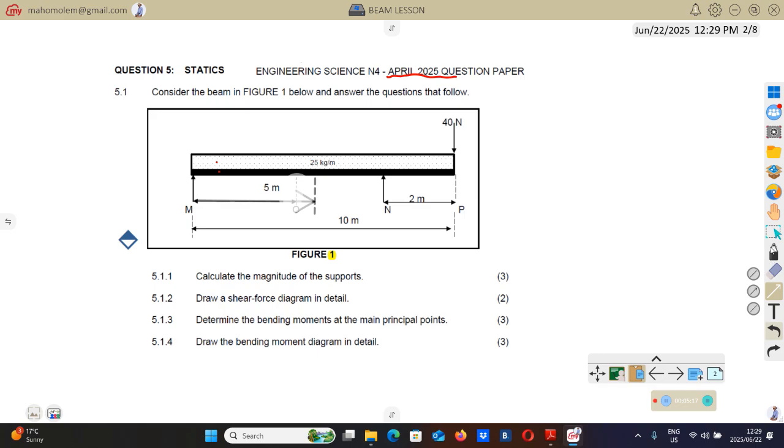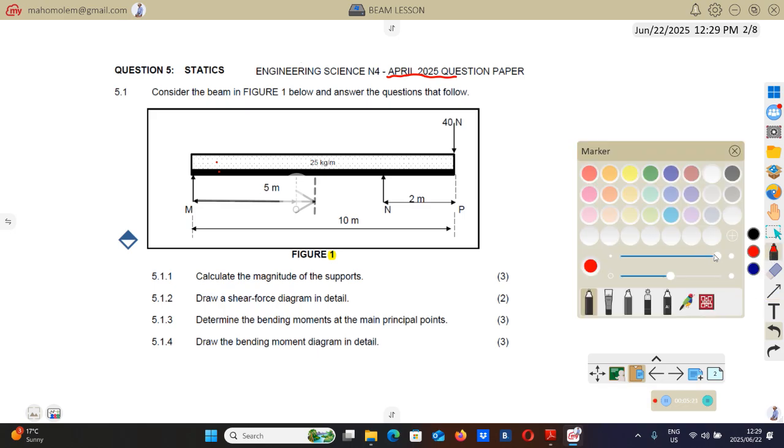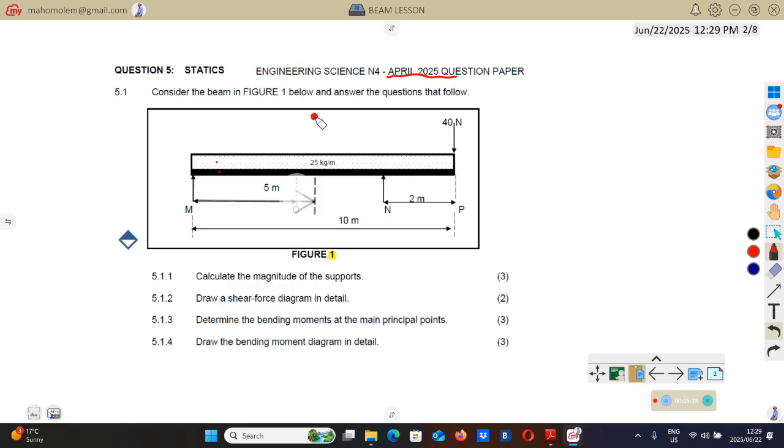Now we change the UDL to point load. We are going to put that point load exactly here at the midpoint. So we put it halfway. Half of 10 is 5, so this force is going to act here, halfway.